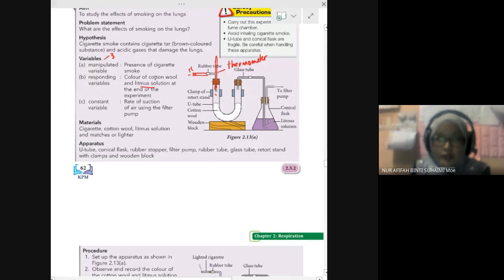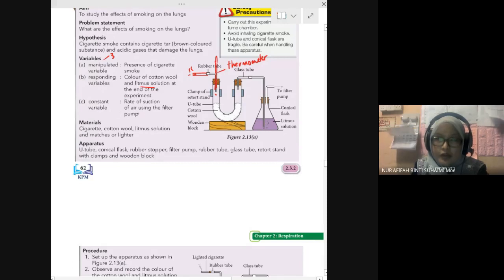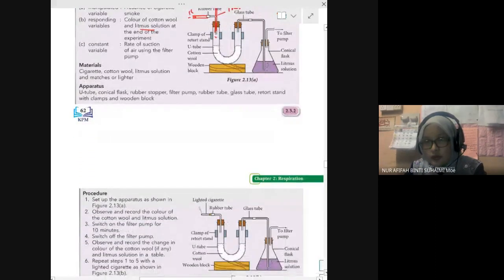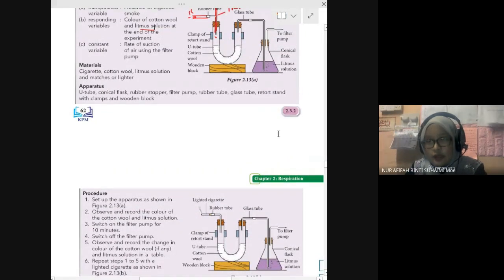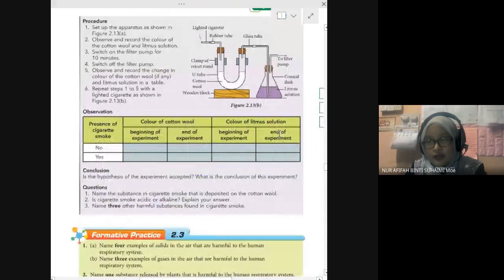So that is responding variable. The one that we want to measure, we want to observe. Okay, constant variable, rate of suction of air using the filter pump. Rate of suction, kekuatan sedutan. Kadar sedutan. So kita fix.